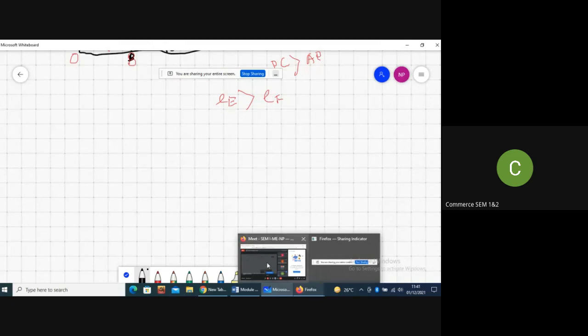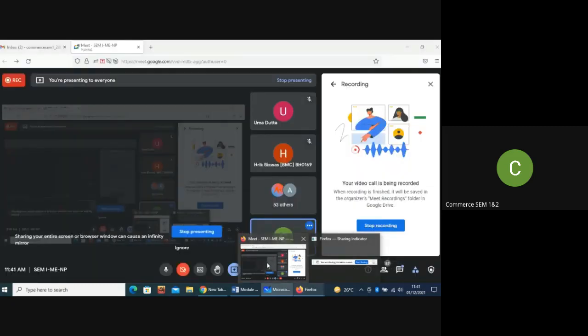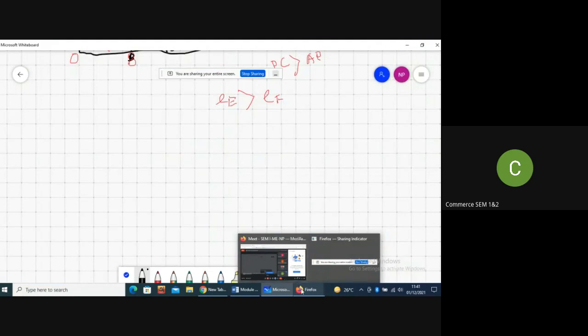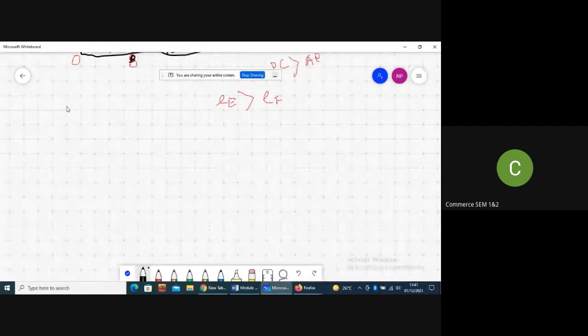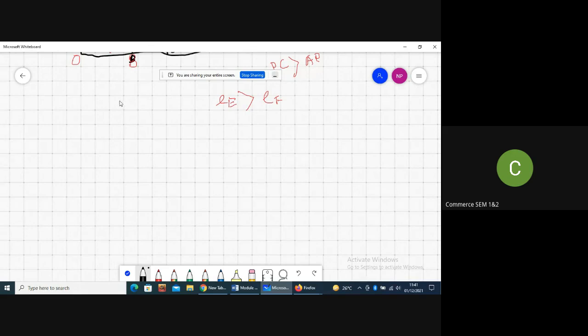Done? Just use the same formula, lower part of the demand curve by upper part of the demand curve.